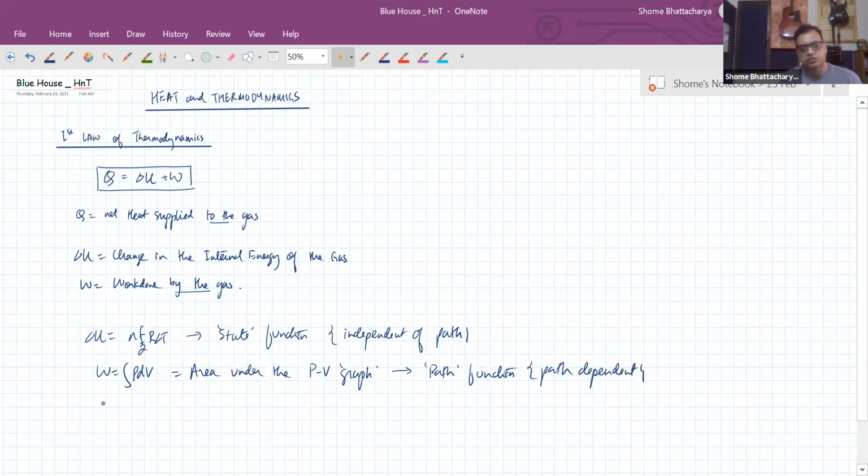And therefore Q also becomes a path function because it's the sum of a path and a state function. So obviously it becomes path dependent.